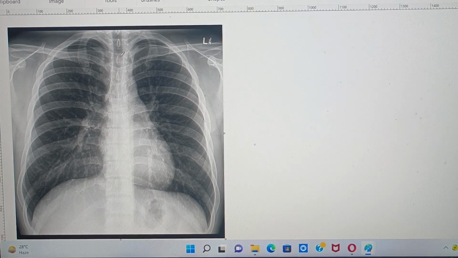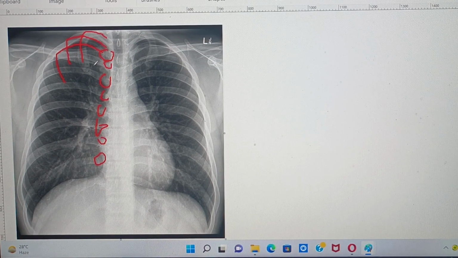Here you can check: this is your first rib, so this is the posterior part of the first, this is your second rib, the posterior part of the second, this is your third rib, the posterior part of the third. Then this is fourth, fifth, sixth, seventh, eighth, ninth, and this is the 10th. So you can see the 10 ribs above the diaphragm.